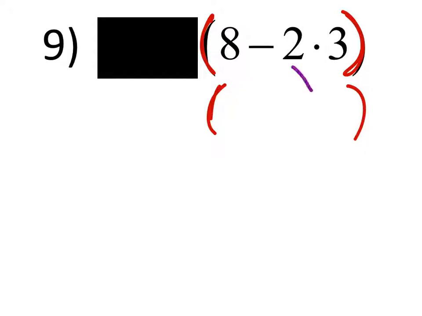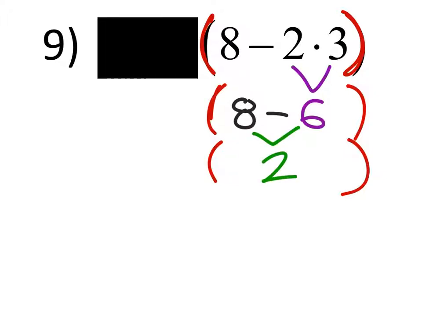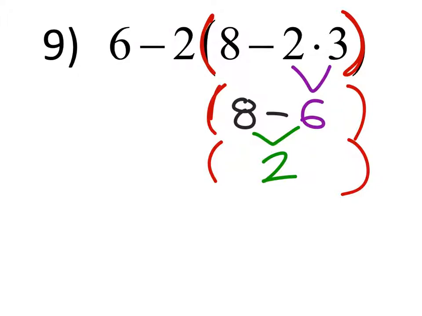So 2 times 3, 6. And now we've got 8 minus 6. Well, 8 minus 6, 2. Very good. That's 2. Well, now we do need to see what the heck was behind that stuff there. So the whole time it was still there, we just were ignoring it.